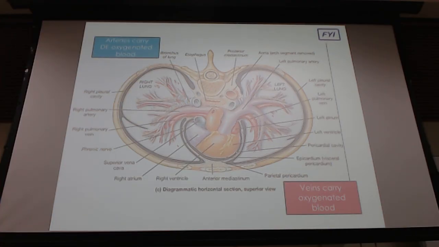And the pulmonary vein is bringing oxygenated, bright red blood back to the heart on the left side, so we can pump it out to the body. So we're between the heart and the lungs.